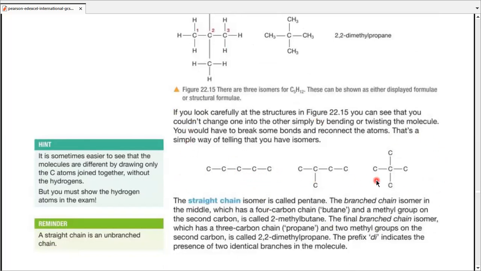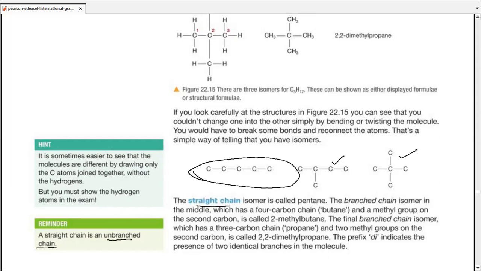So moving on, they have told you the same thing, how to come up with the carbon skeleton first so that you can draw the rest of the structure later. Remember, a straight chain structure is known as an unbranched chain. So this one is known as straight chain or unbranched chain, both names. And these are both branched chains, right?